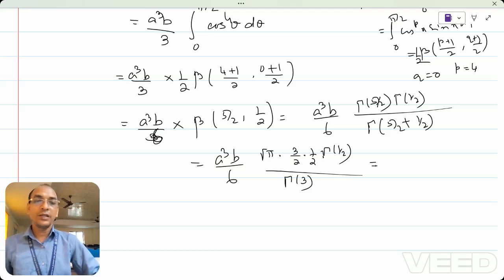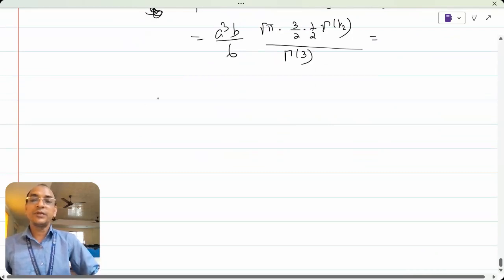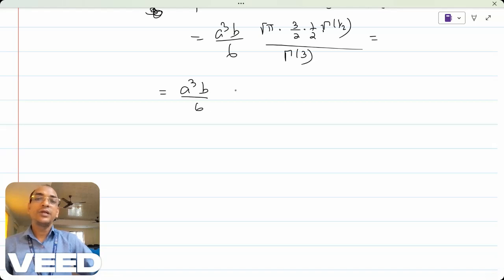And so what we will get here, further simplifying it, we will get AQB by 6, and this one is root pi into root pi is pi, and this one will be 3 by 4 divided by gamma 3, equal to 2 factorial.